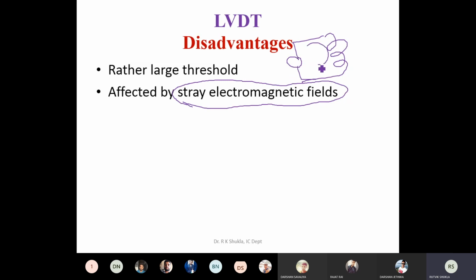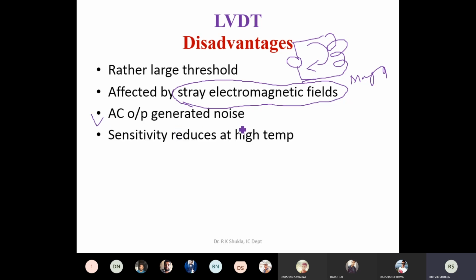So other than your LVDT, if there is any other circuit which also generates electromagnetic waves, then that field may affect your entire resolution or the system. In that case, you have to put the magnetic shielding. Third thing is, as you are having an AC output, it generates a kind of noise.